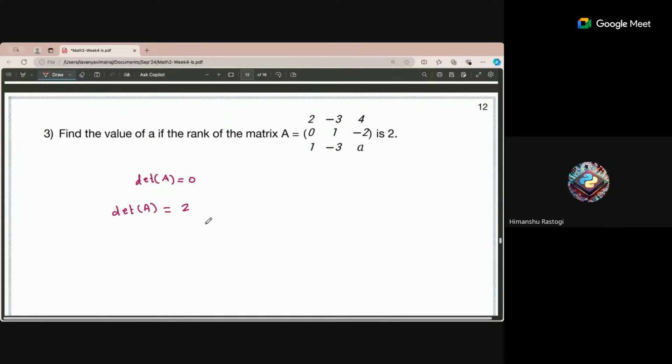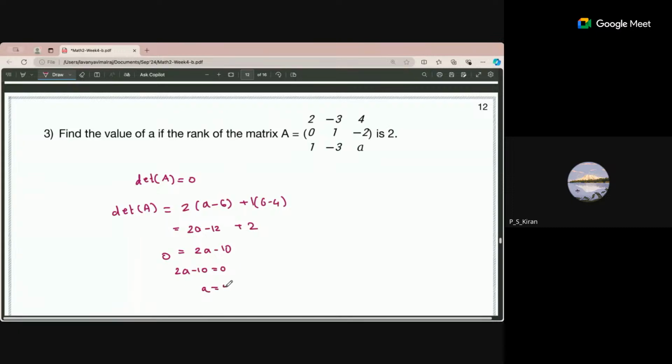Then minus 1 times of, plus 1 times of 6 minus 4. So what is the answer? 2a minus 12 plus 2, so 2a minus 10 is 0. If 2a minus 10 is 0, what is a?